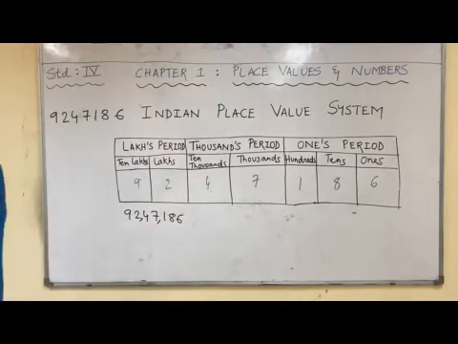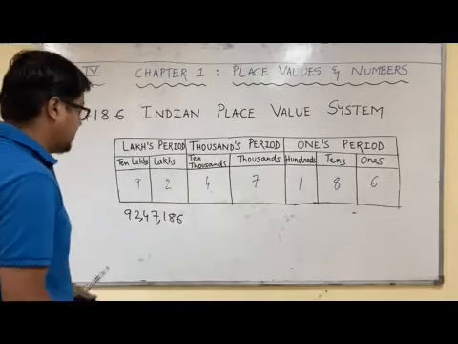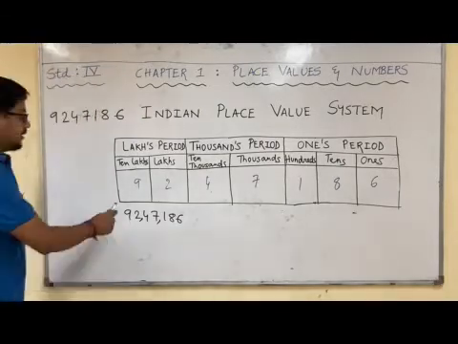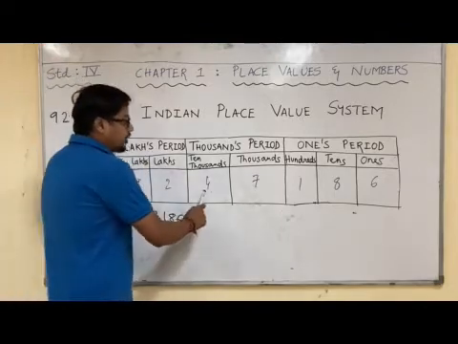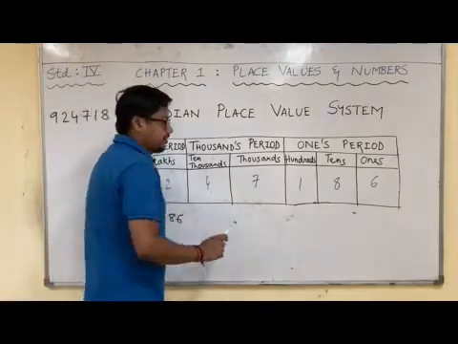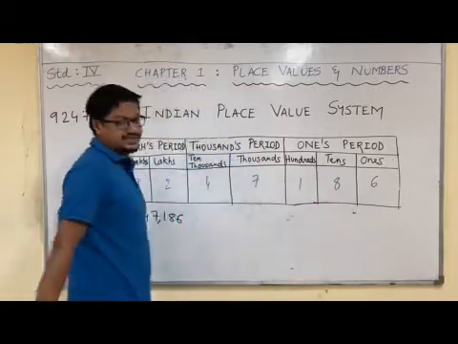So finally, now writing this in the form of number name, I will read it first. 92 lakh, because it is in lakh period, 47,186.